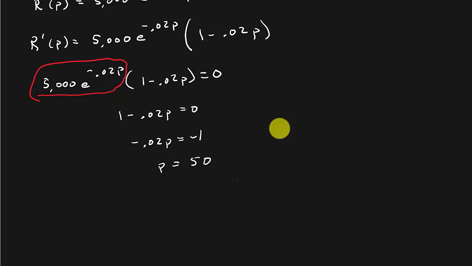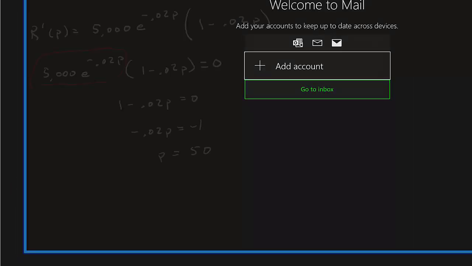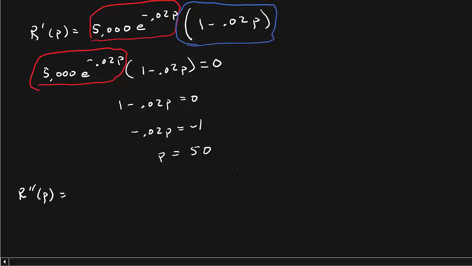All right, so what we can do here is find the second derivative. So we've got R double prime of p. We're going to take the derivative of this. So this is your first function. This is your second function. So it's product rule.